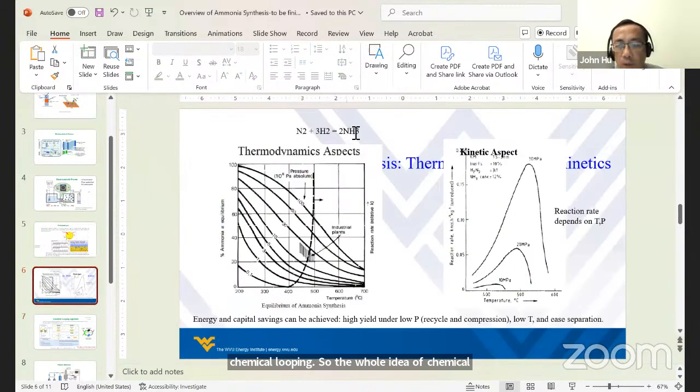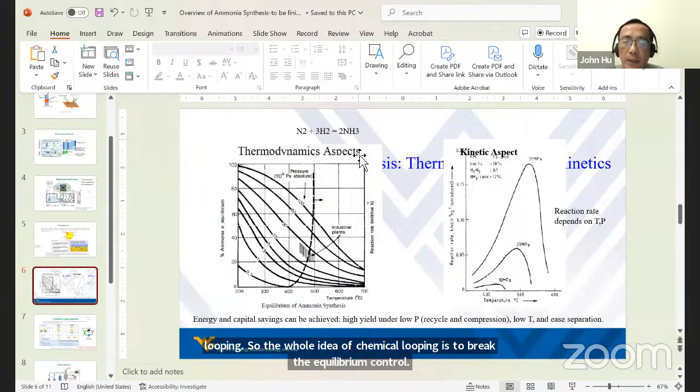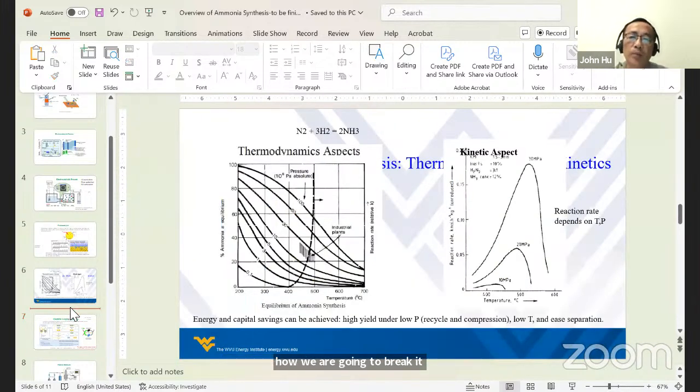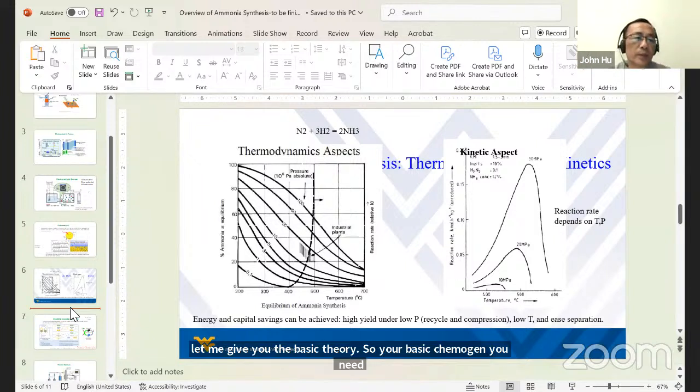This equilibrium control, we want to break it, so that they are not subject to this curve. How are we going to break it? Let me give you the basic theory. In basic chemical looping, you need some kind of carrier.